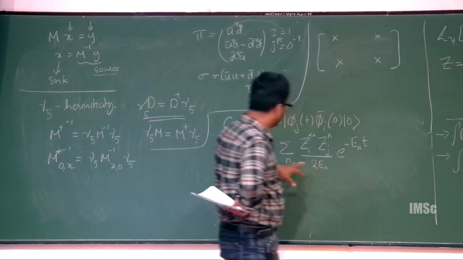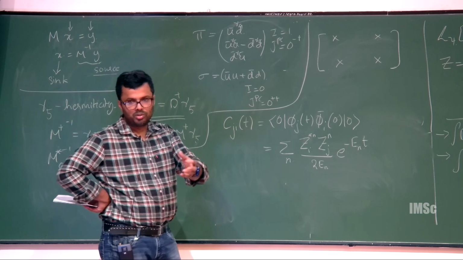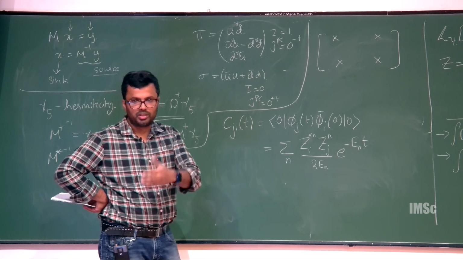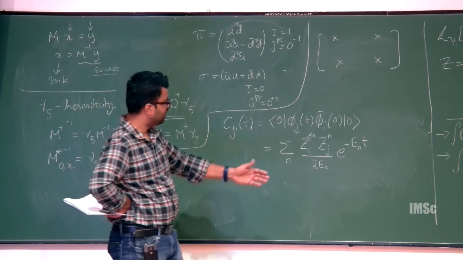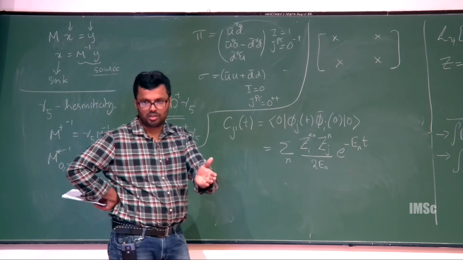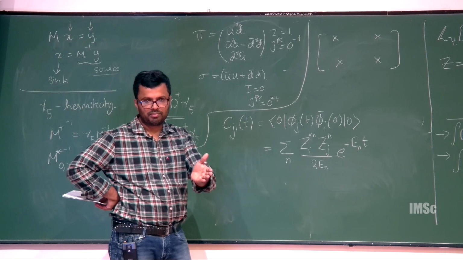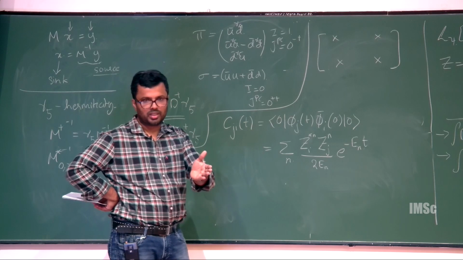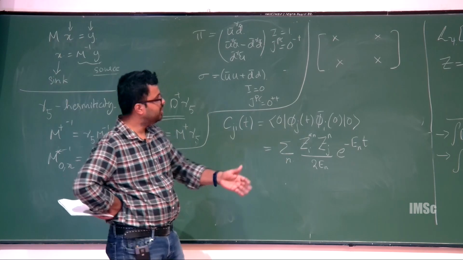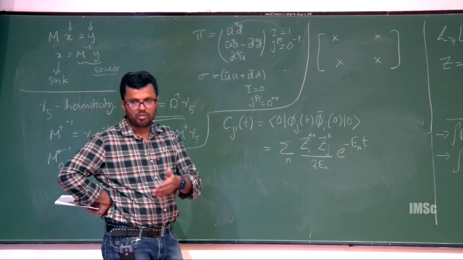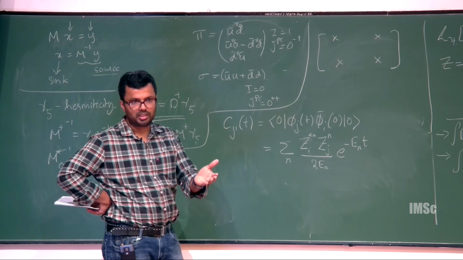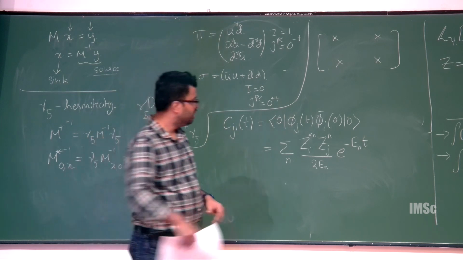Now once you have a correlation matrix, you try to present the evolution of a state as a linear combination of time dependence coming from different operators, right? So this becomes solving an eigenvalue problem for extracting information about excited states, right?